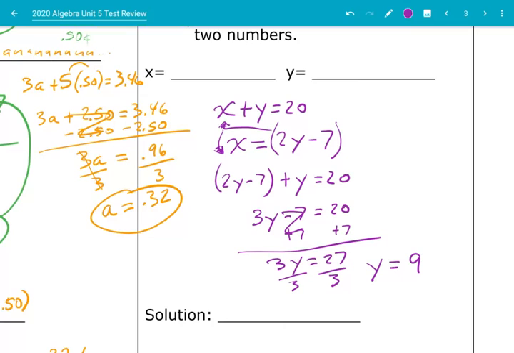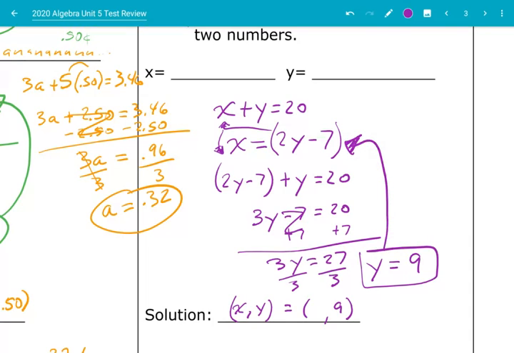Okay, so y is 9. So the solution is x, 9. Let's find out what x is. Well, x is right there. x is 2y minus 7, so x equals 2, but instead of y, putting 9 there. x equals 2 times 9 minus 7.